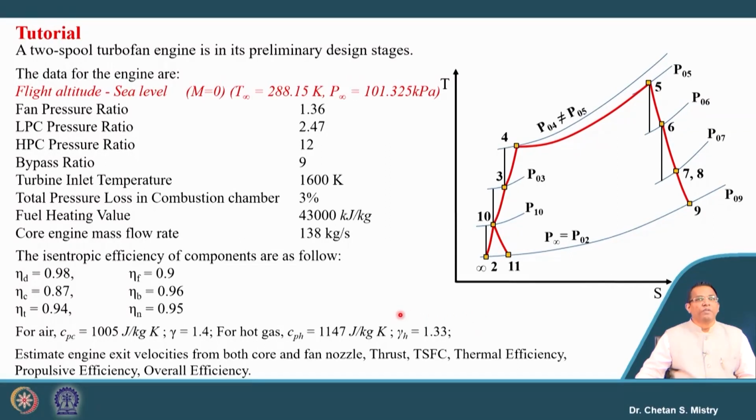Here we need to be very careful in understanding what information is given. Based on that, we need to start by putting down the T-S diagram. So, let us understand how to solve this numerical.